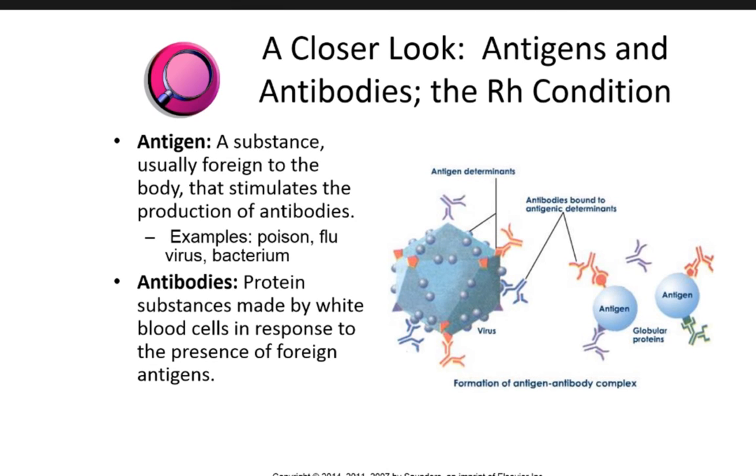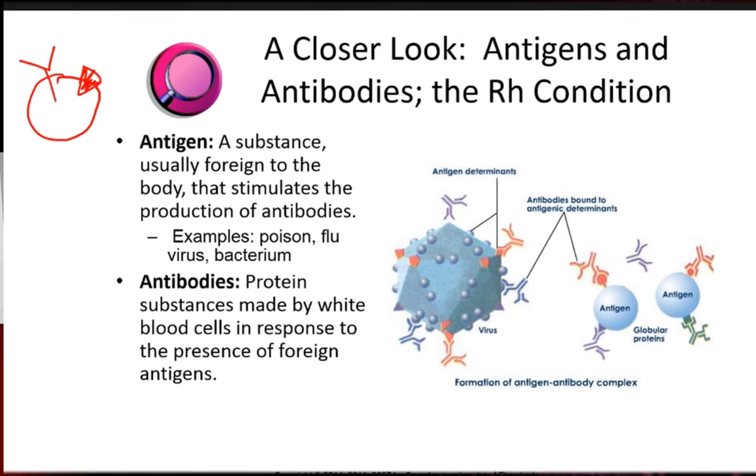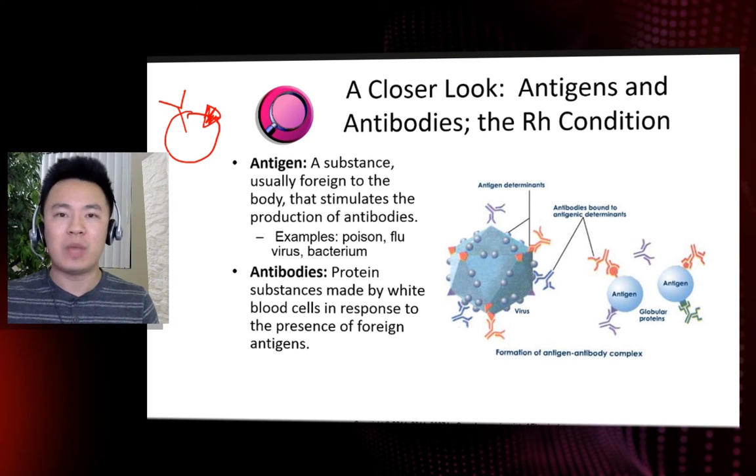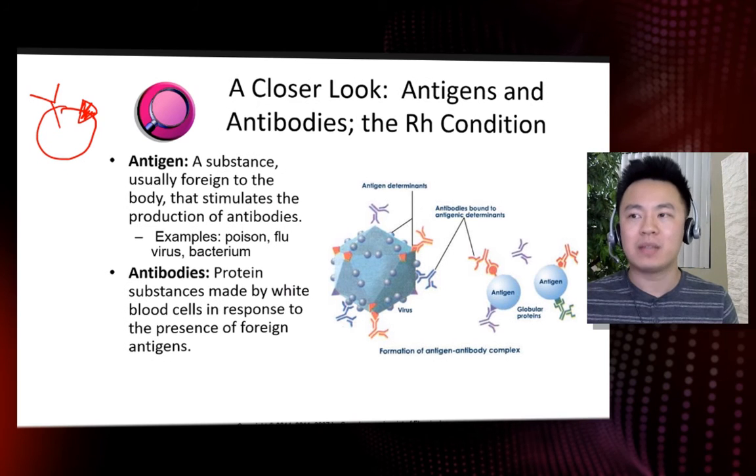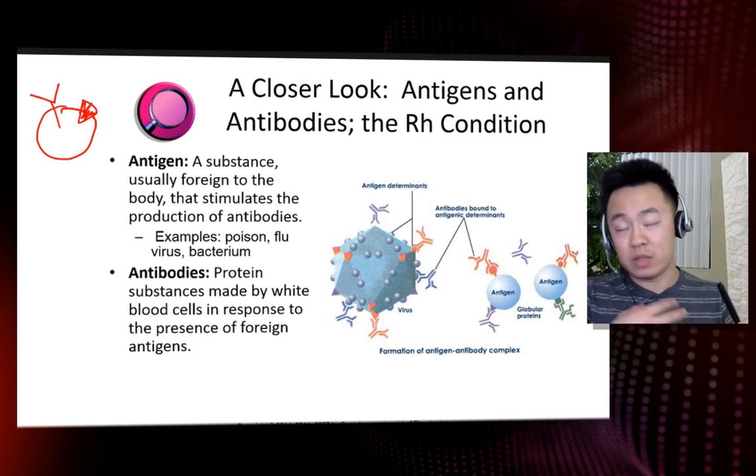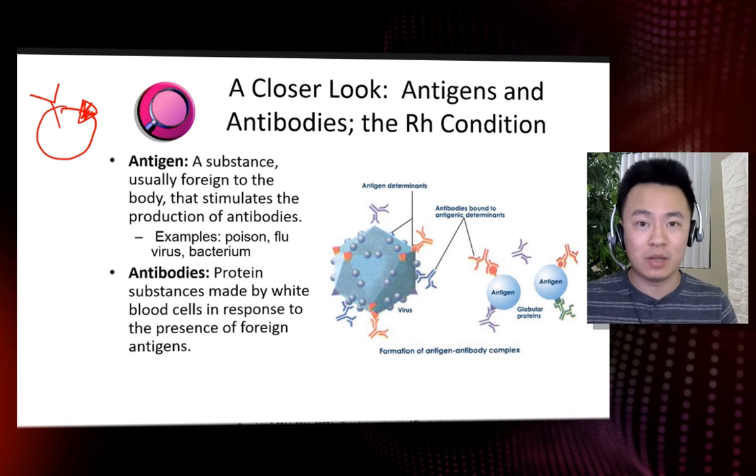So if you look here on the slide, I'm going to go ahead and draw some for you. We definitely have here a cell, and on this cell there might be some sort of carbohydrate. I'm overexaggerating this image, or there might be a protein or something there. And a lot of times what these surface proteins or these surface macromolecules do is they act to serve as maybe an enzyme for the cell, or maybe as a recognition molecule, so that the cells in our entire body can recognize each other and hold the integrity of that cell.